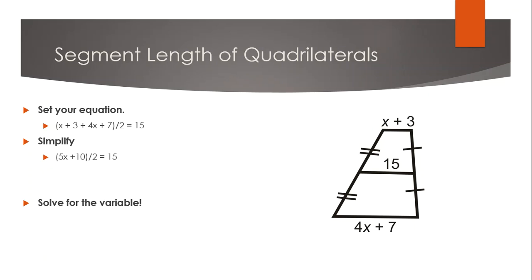That gives us 5x plus 10 divided by 2 equals 15. I want to get rid of the divided by 2, so I multiply both sides by 2. That gives me 5x plus 10 equals 30. Then we simplify: 5x equals 20. And finally we solve for the variable. X ends up being equal to 4.